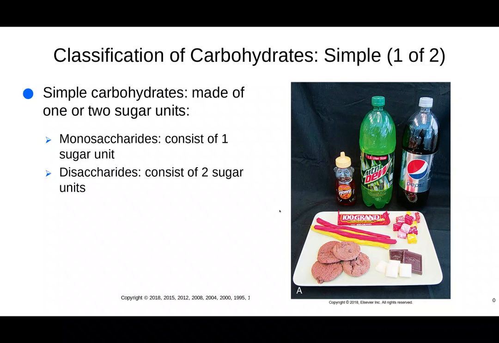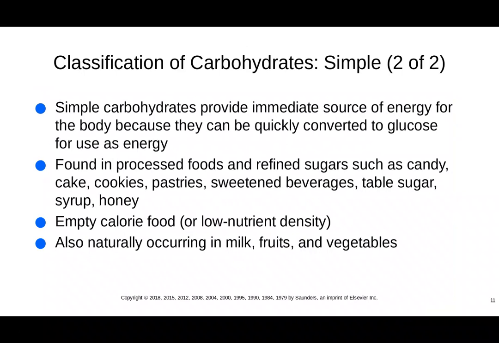So these are some examples of simple carbohydrates. Some yummy stuff, but not exactly nutritionally dense, right? So the simple carbohydrates will provide an immediate source of energy for the body because they are very quickly converted to glucose for use as energy.